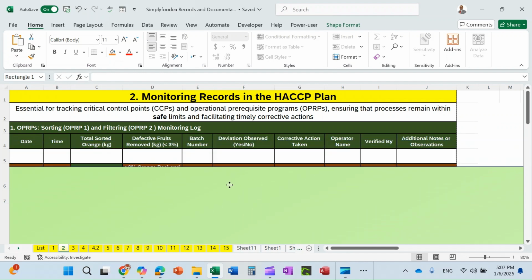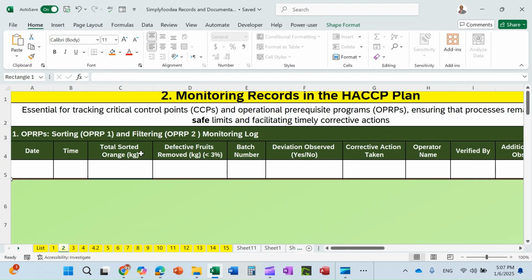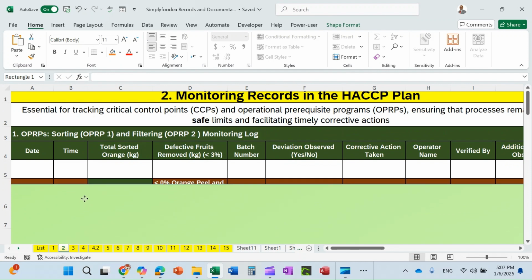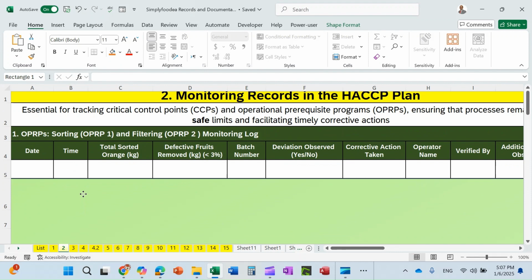So starting with the OPRP, we have sorting and filtering as an OPRP in our HACCP plan. The table for the sorting will be as below: the date, the time, the total sorted orange in kilograms, the defective fruits removed, and also mentioning here our limit, which is below 3%.